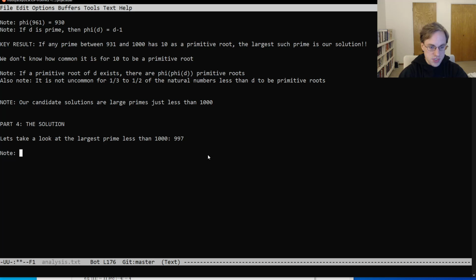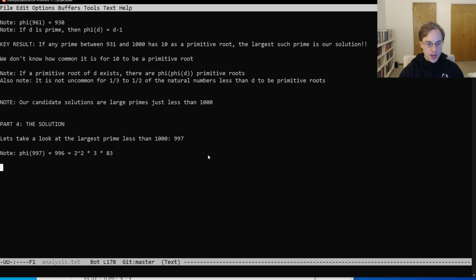We'll note phi of 997 is equal to 996, since 997 is prime. And that's going to be equal to 2 squared times 3 times 83. This will be important in just a moment.